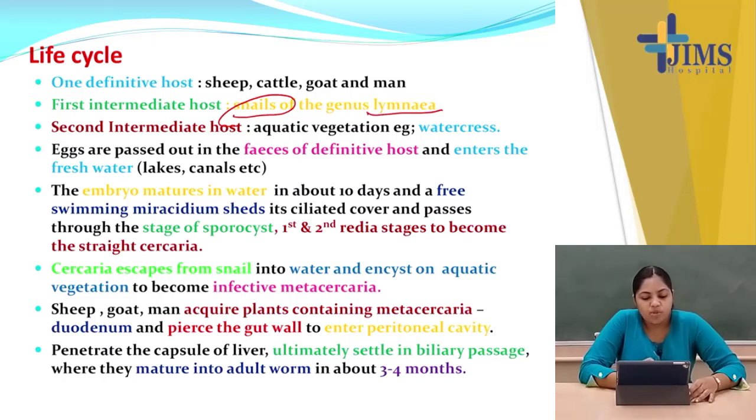These eggs are passed out by the definite host, that is humans, sheep or cattle. Inside that feces there will be eggs, and the eggs contain the miracidium. These feces mainly enter into fresh water, either in lakes or canals, and the embryo matures in the water in about 10 days and swims freely as the miracidium, which is ciliated, and passes through the stages of sporocyst.